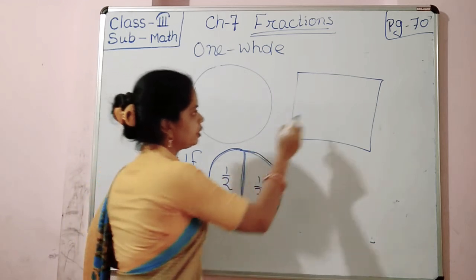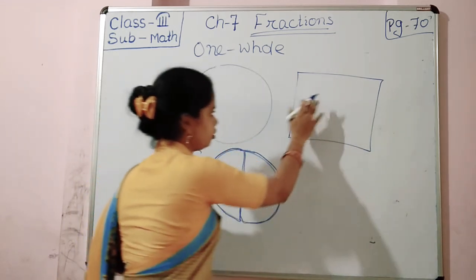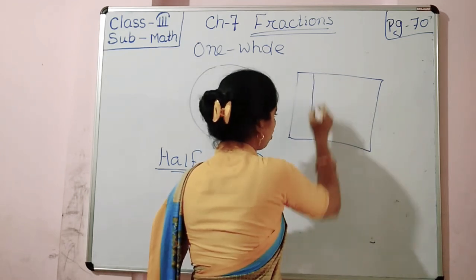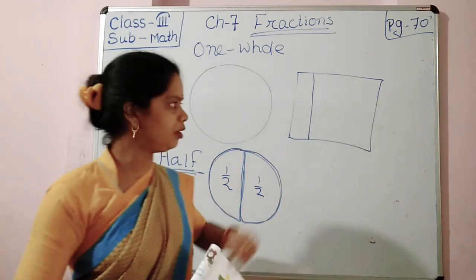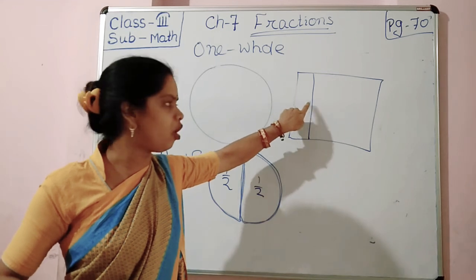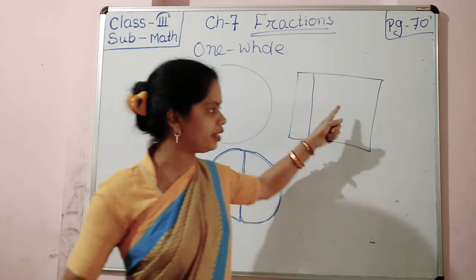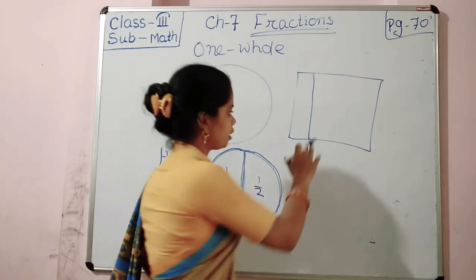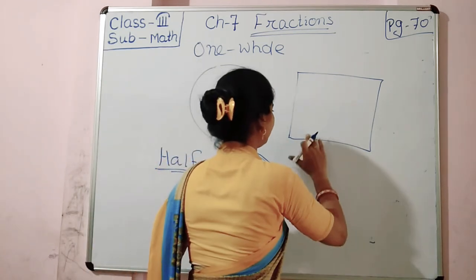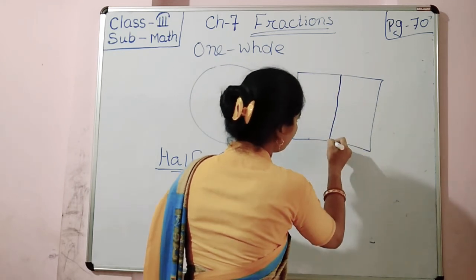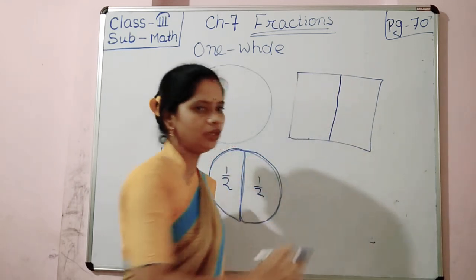Okay? It is one whole. If we divide the square into two unequal parts, why is it unequal? Because this side is smaller and this is bigger. If we divide it into two equal parts, look, completely equal, it is the half of the square.